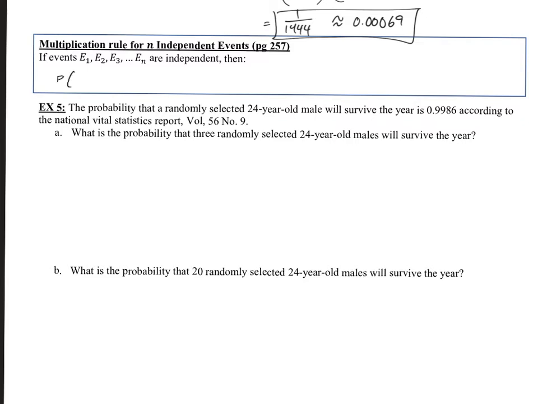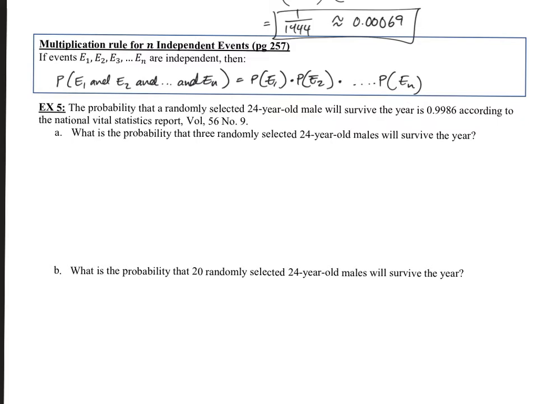Well, the probability of E1 and event 2 and all the way up to event n is going to equal the probability of event 1 happening times the probability of event 2 happening, times so on until we get to the probability of event n happening. And notice these are independent events. You'd have to make sure of that. These cannot be dependent events. So all you do is take the probabilities of all of them happening and multiply them together.